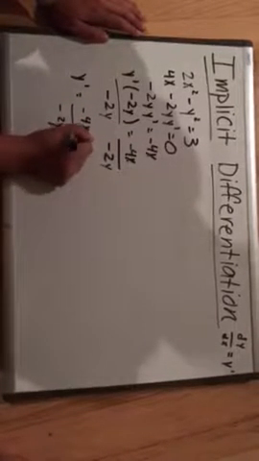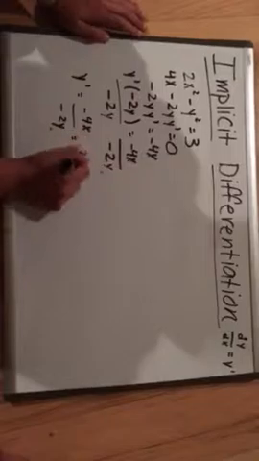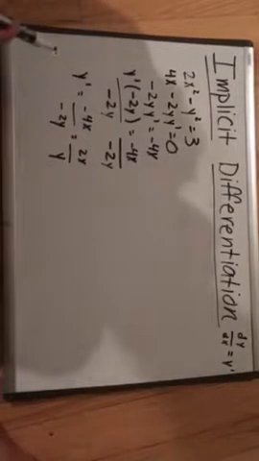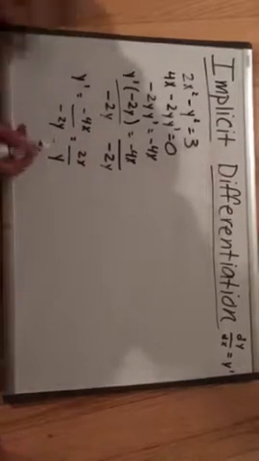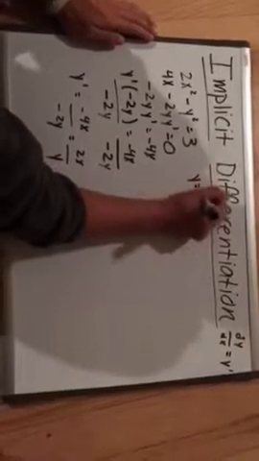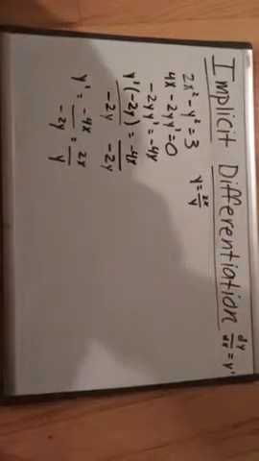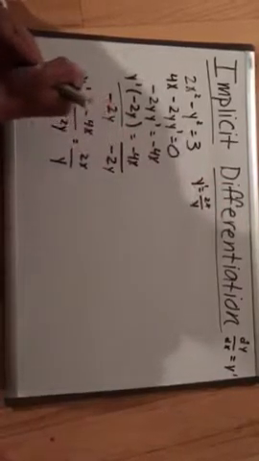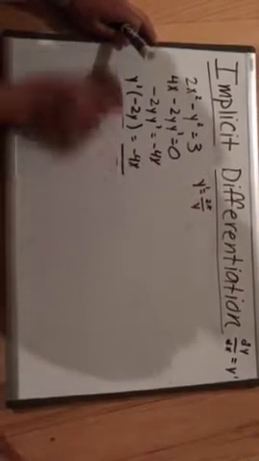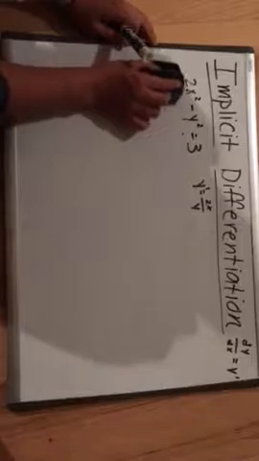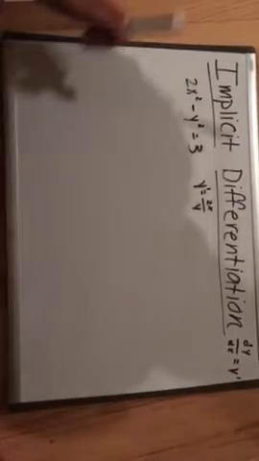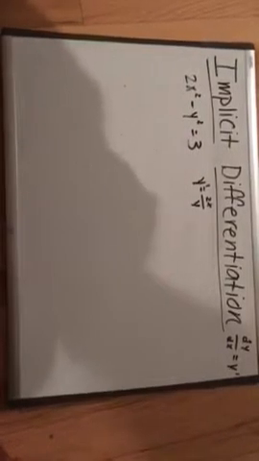This can be simplified to 2x all over y. So the first derivative of this equation is y prime equals 2x over y. So now to find the second derivative, all you have to do is take the derivative of the first derivative to get the second derivative.